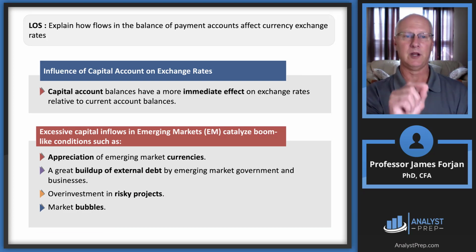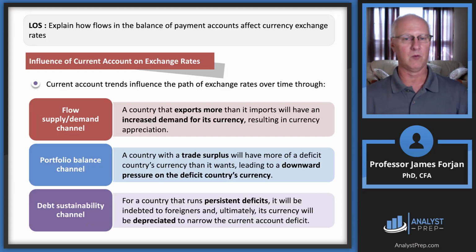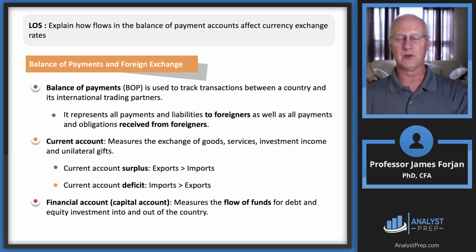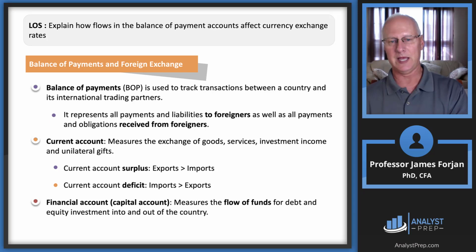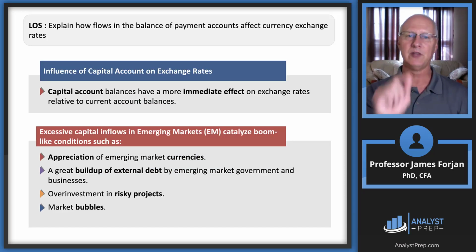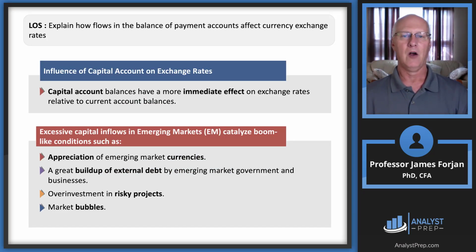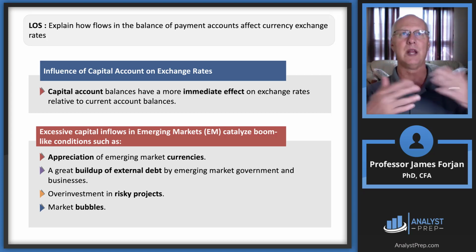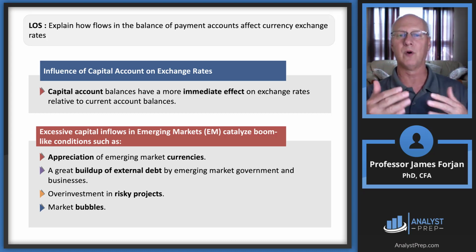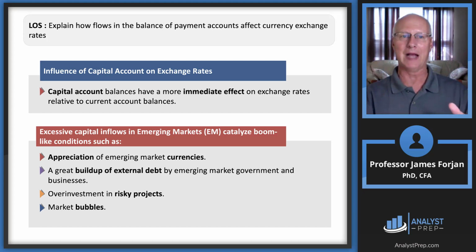Now, I like this one here, the capital account, which, what did we say back here? Measures the flow of funds for debt and equity into and out of a country. All right, so this will have a more immediate effect on exchange rates relative to the current account balances. So remember, those imports and exports, those things going back and forth, they're going to have an impact, but the capital account is going to have a more immediate effect.